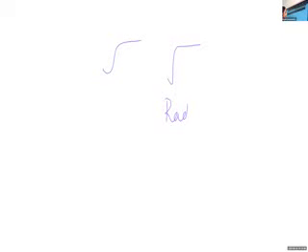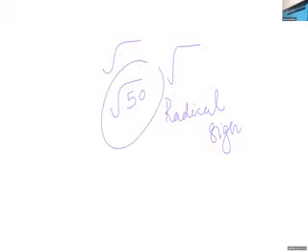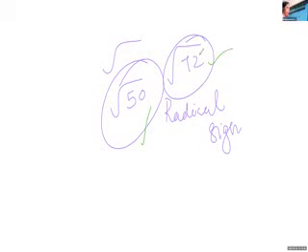So I told you to write some 2-digit numbers, root 50 and root 72, and to simplify them as the question says.